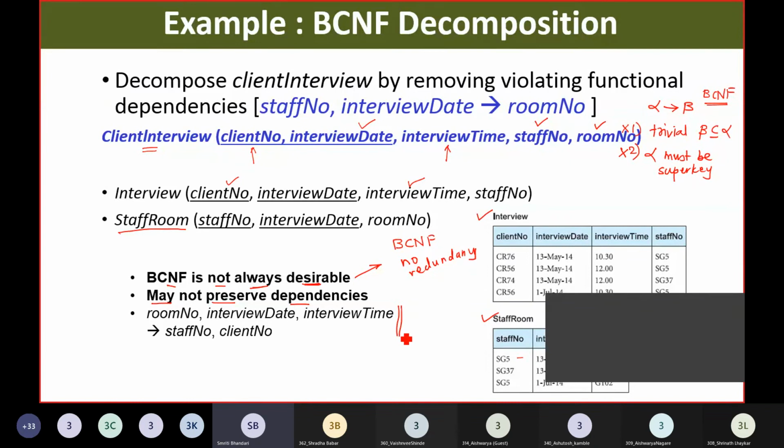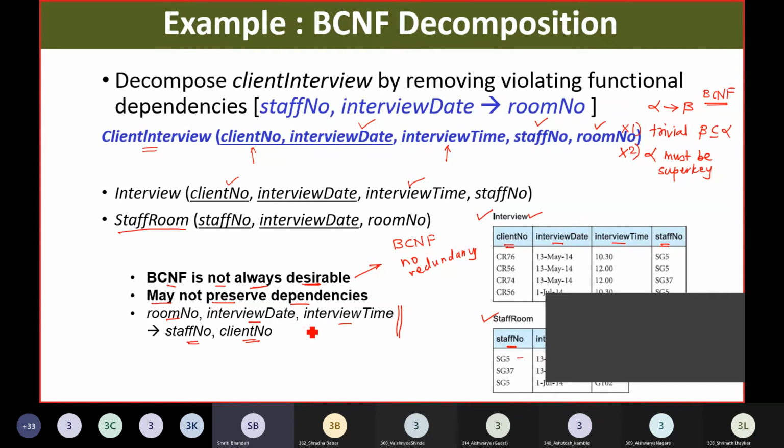And if I want to test for this dependency, then if I look at the attributes in this relation, the staff number is present in this relation as well as this relation. But this client number is present in this relation only. Room number, interview date, interview time. So interview date and interview time are present in interview.